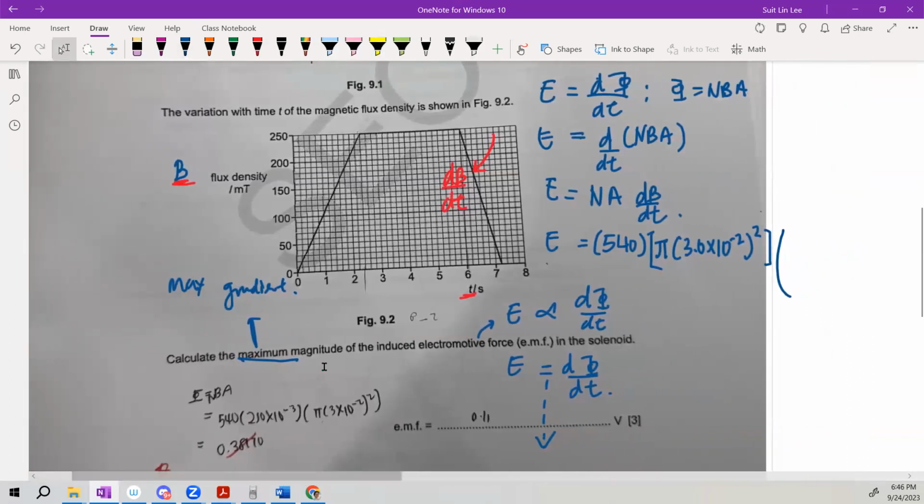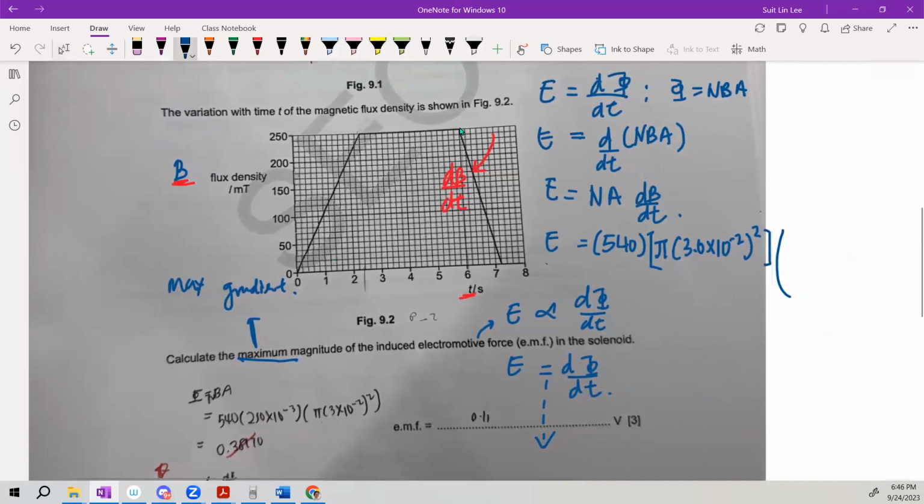So the magnetic flux density, you start with 250, you end with 0. Then the gradient is basically how long did it take to drop from 250 to 0. It takes a very short time, right? Here to here. So it looks like the time is 1.2 seconds.